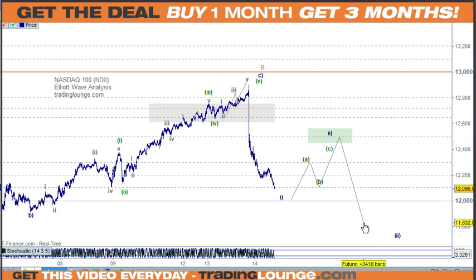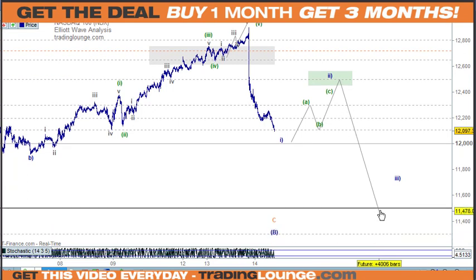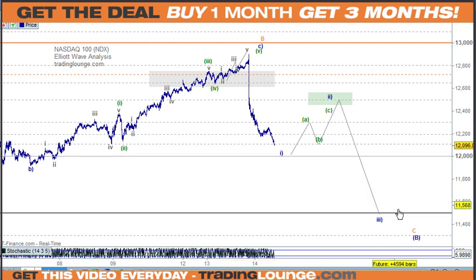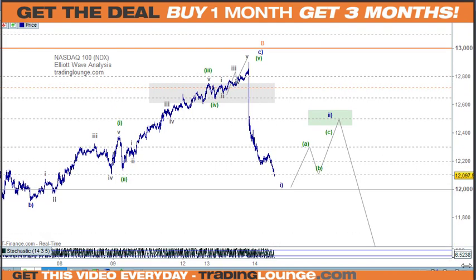So this leg here should be longer than this leg, so we can see that coming down a bit further here. We'll look at the bigger picture when we do the indices, but we're looking down from wave B up here down to wave C, which will be in 5 waves of 1 and 2 and 3 and 4 and 5, but they'll be further down, but we'll look at all that later.